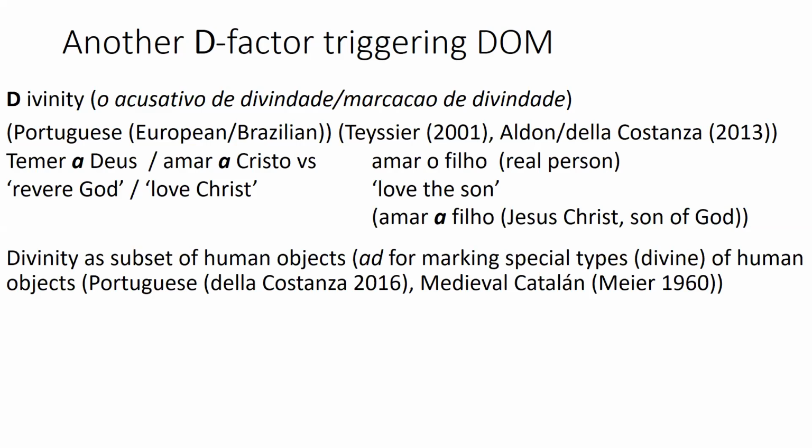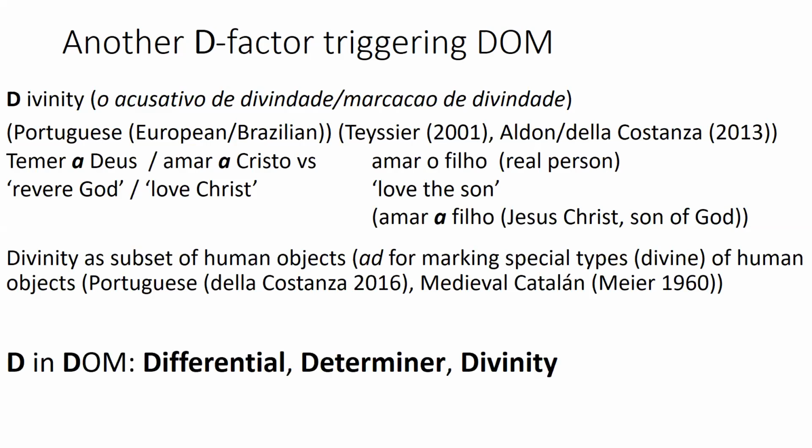All right, so in my presentation today, D in DOM stands for three meanings: differential, determiner, and divinity. I propose to analyze how D in DOM, defined in these three terms, can be teased apart, so that it can enrich our understanding of Romance DOM.